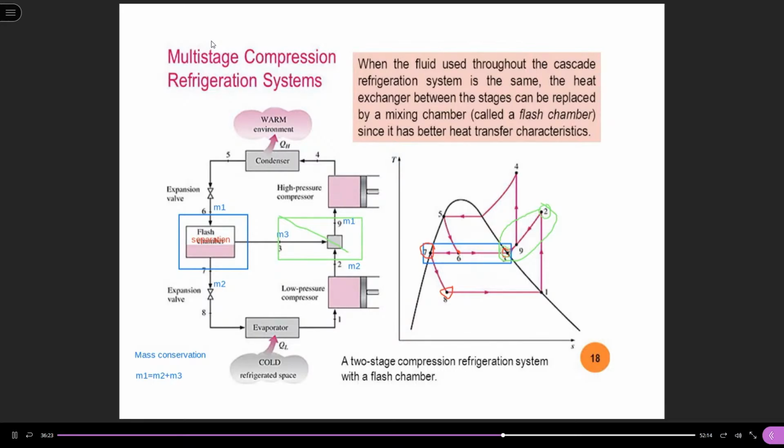The dry saturated state 3 and superheated state 2 will be mixing, then get state 9. So how to find out state 2? There is an energy balance. For this mixing process, it also follows the energy equation.